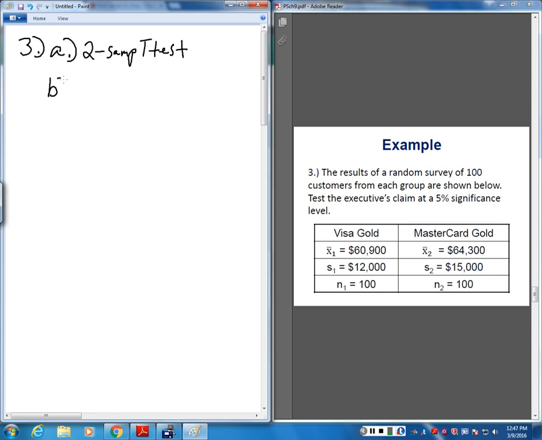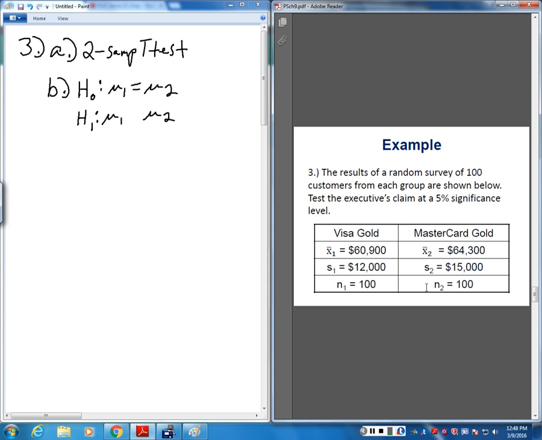The next step is to identify the hypotheses and label the claim. The null hypothesis is that the means are equal. For the alternative hypothesis, I'll use the same symbols, but I'll change to an inequality between them. And we're testing the executive's claim.